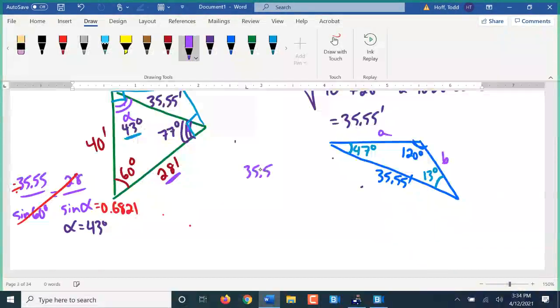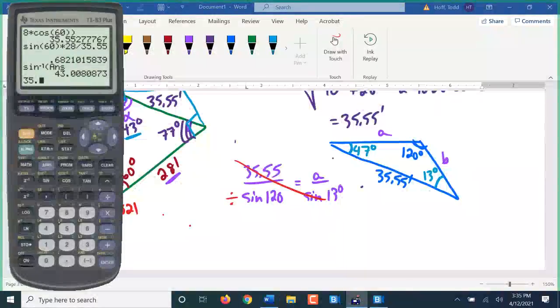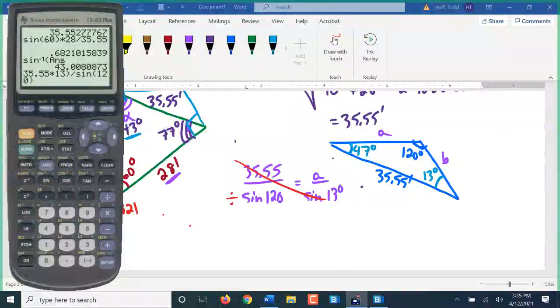35.55 feet over the sine of 120 equals A over the sine of the angle. Cross multiply and divide there. 35.55 times the sine of 13 divided by the sine of 120.